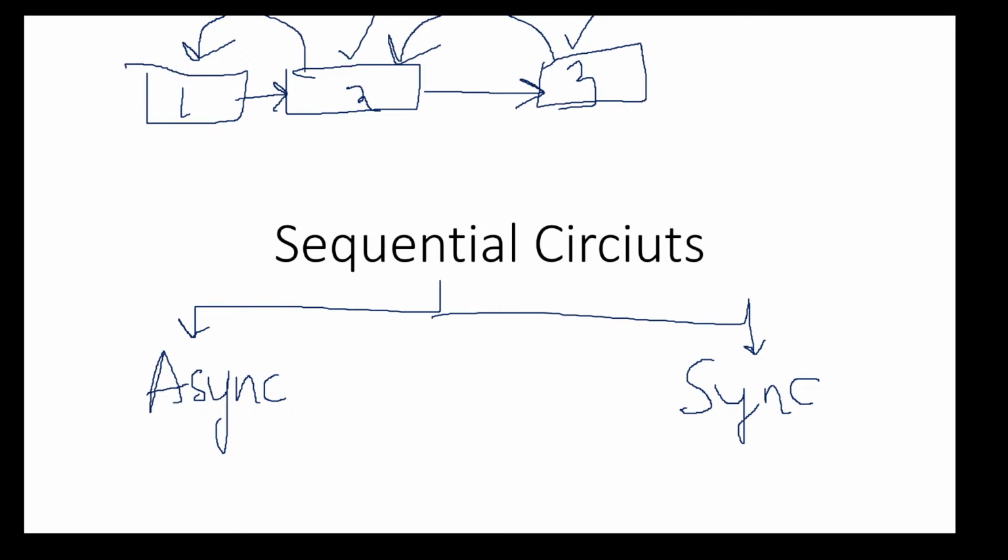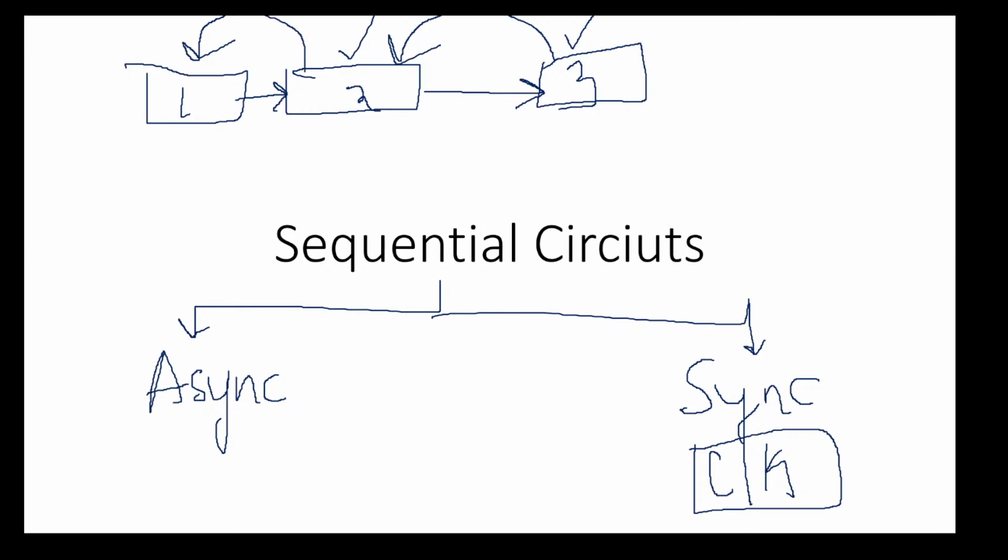That means the working of the circuit is very much dependent upon the clock signal or the activation signal, whereas the change in the input in an asynchronous circuit does not depend upon the clock signal, and they can change the signals at any instant of time, right?